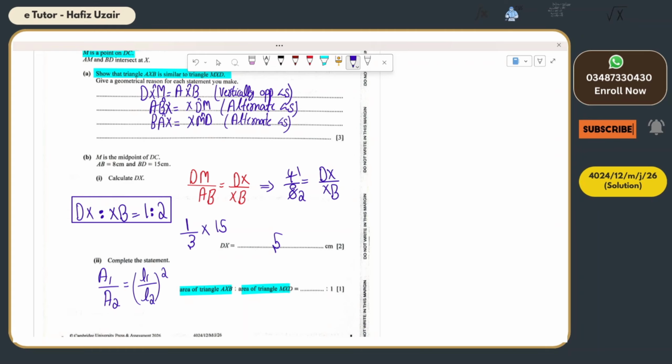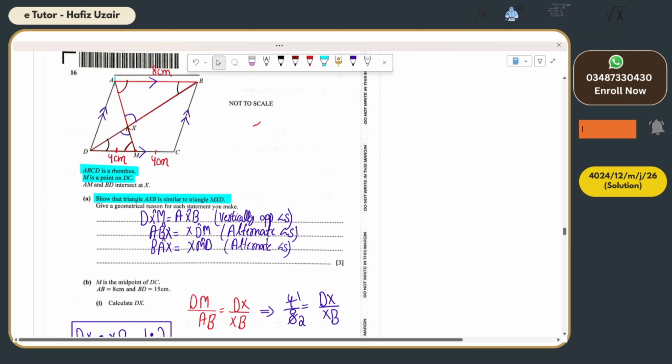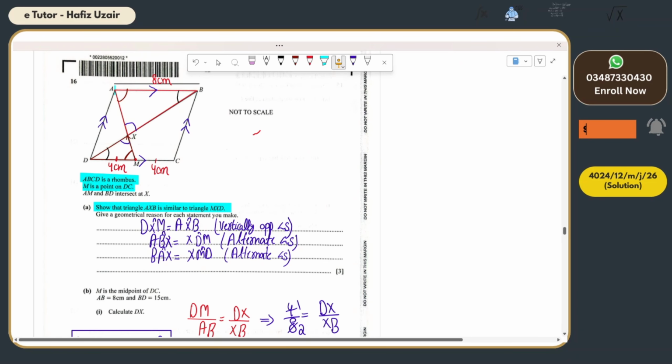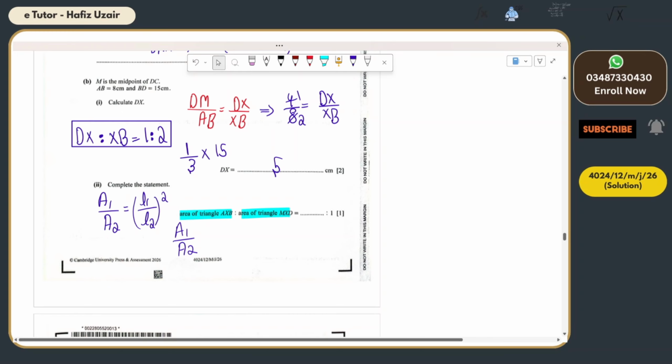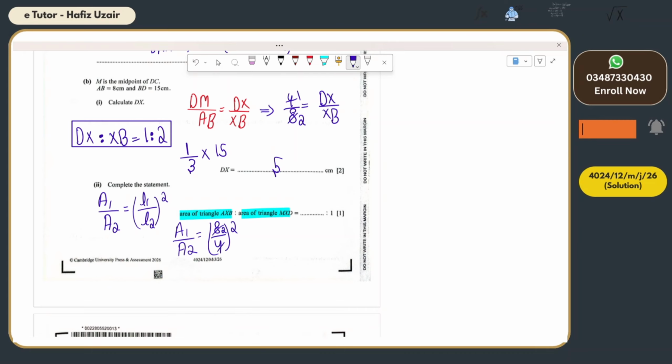So now the area A1 over A2 will be equal to, let's take any length of AXB. Let's take this length. This is 8 centimeter and this is 4 centimeter. So you can write 8 divided by 4 squared. So this will produce 2 ratio 1 squared, and that will be 4 ratio 1 actually.